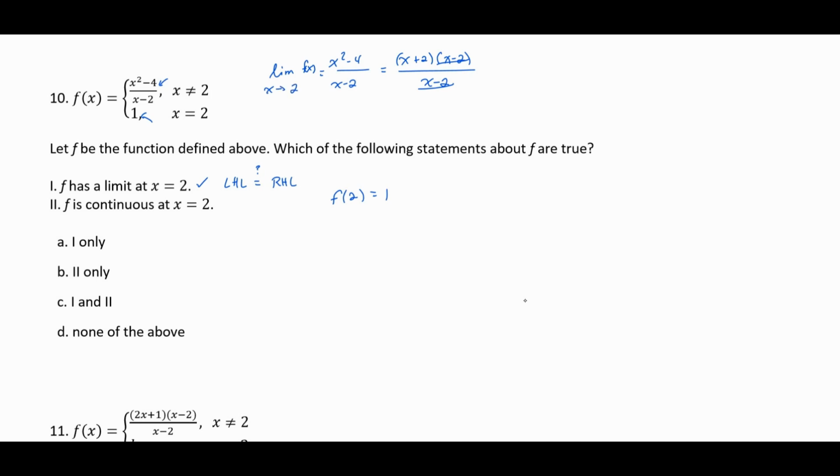Well, then we divide it out, and from there we substitute 2 in, so 2 plus 2, we're going to get 4. So basically what we see is that the limit is approaching 4, but the function's value at 2 is actually equal to 1. So is that continuous? No, that is not continuous. So what is true is just 1 only, A.